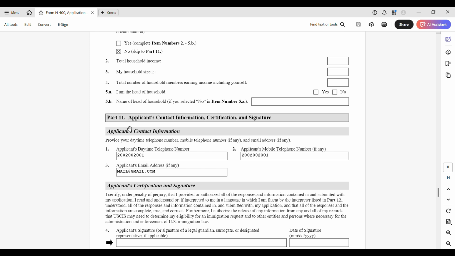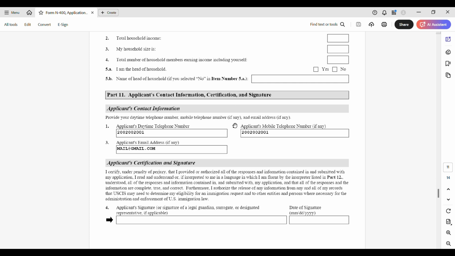Part 11, applicant's contact information, certification, and signature. Applicant's contact information. Provide your daytime telephone number, mobile telephone number, if any, and email address, if any. So if you have your daytime telephone number, you're going to put it here.